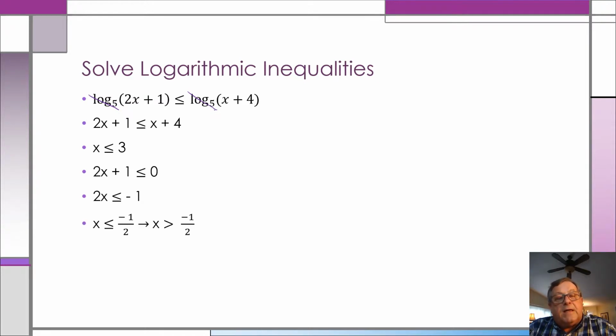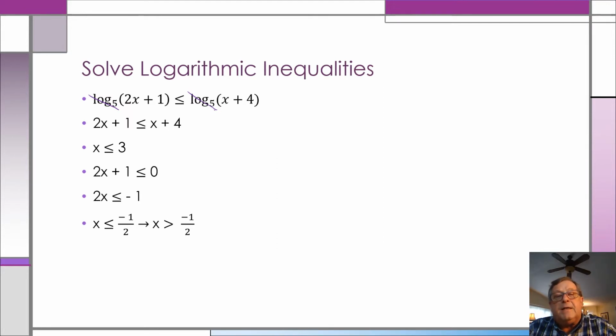So x is less than or equal to negative 1/2, which really means that x has got to be greater than, and really greater than, not greater than or equal to, negative 1/2. Because if it equals negative 1/2, negative 1/2 times 2 is negative 1, and negative 1 plus 1 is 0. I can't take the log of 0.